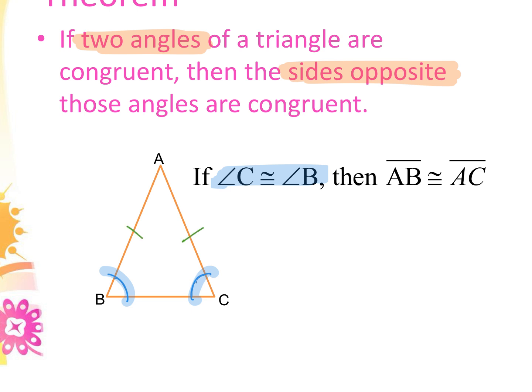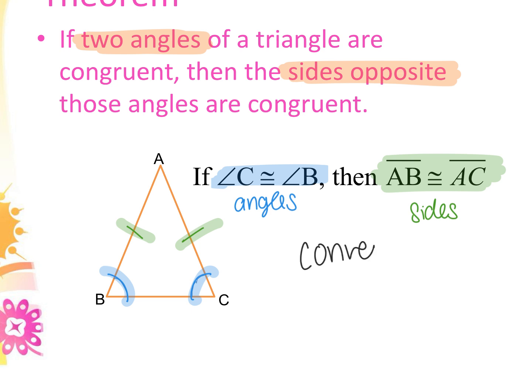So the last one for base angles theorem, it's going from sides to angles, but for base angles theorem converse, I'm now going from angles to sides. If my angles are congruent, then my sides are congruent, and this one is converse. So you're just switching the order.